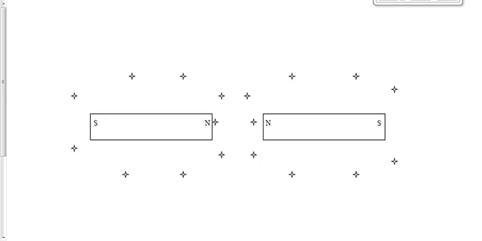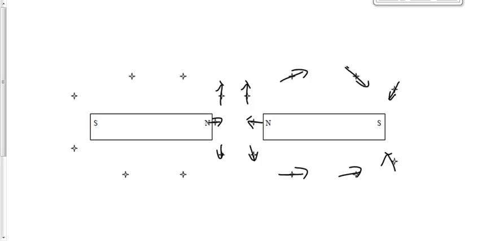Finally, we had one more diagram that you guys drew in your little activity. This time we had two magnets with north against north. The field lines should point something like this. We start joining the dots together here.